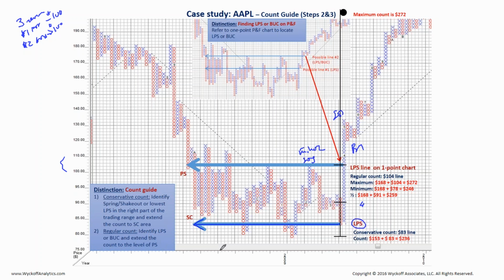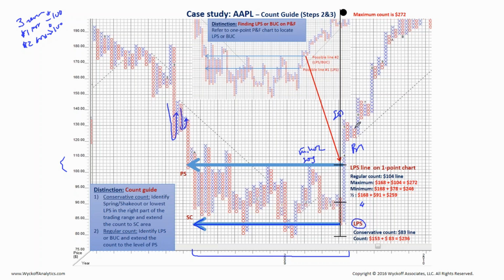The only way you can go from one column to the next column to the right is that Apple reverses direction by 3 boxes. If it's going down, it's got to go up by at least 3 boxes to go over a column and start plotting upward.